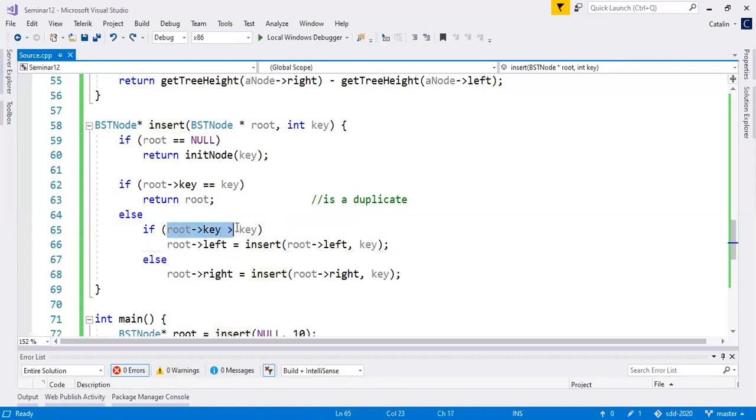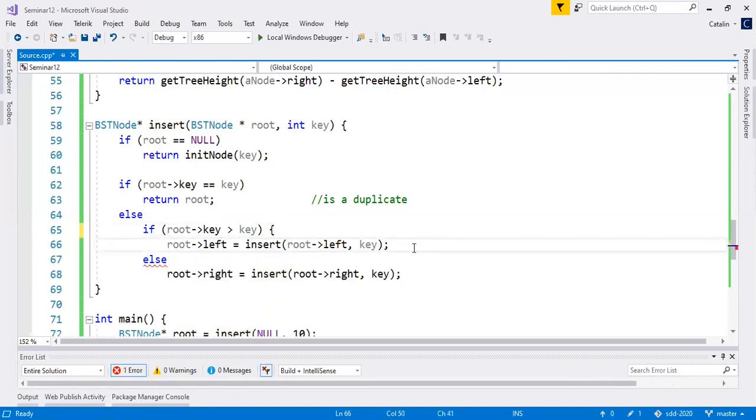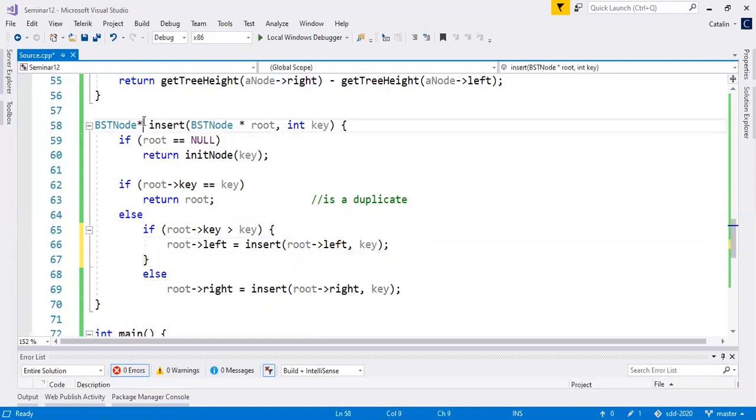So root left becomes insert, and we don't return, because you see, we assume that we return a node on each branch, and here we don't return. We just get a value from the next call, but we don't return root.